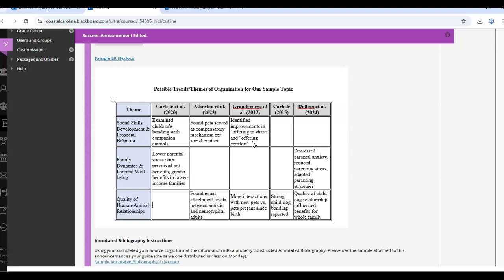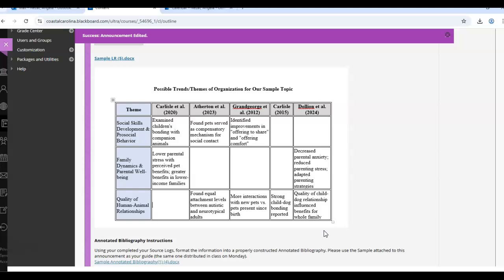And then I discovered that family dynamics and parental well-being was another theme that kept coming up, in two out of the 5 articles. So I filled that in. And then the third overarching category I discovered was the quality of human-animal relationships as being beneficial. I saw this was actually something that 4 out of the 5 articles addressed.